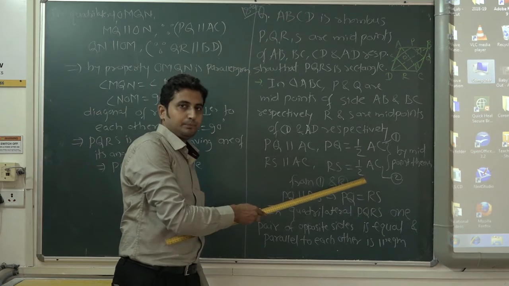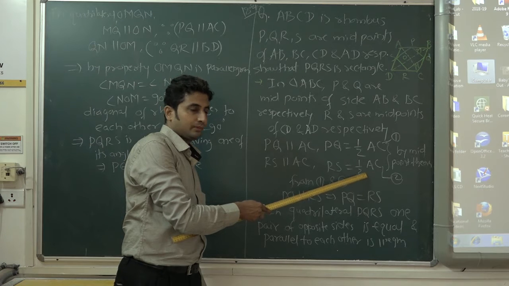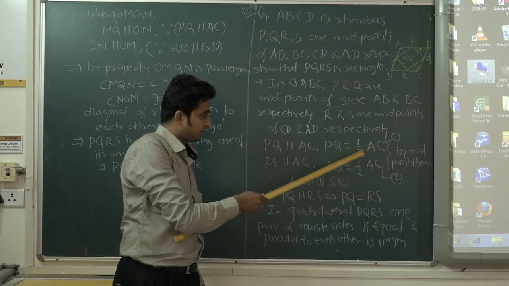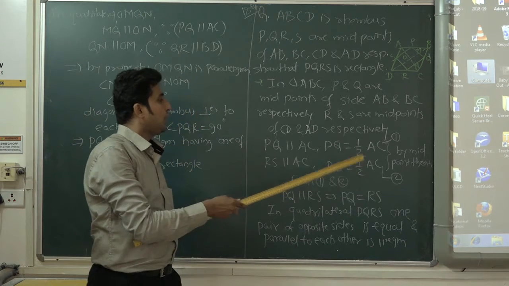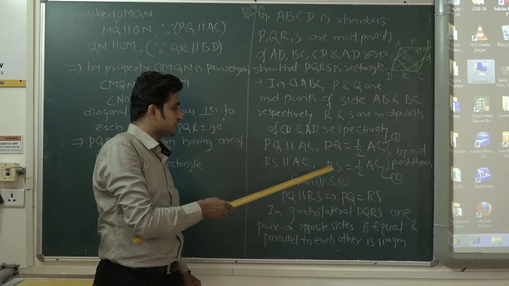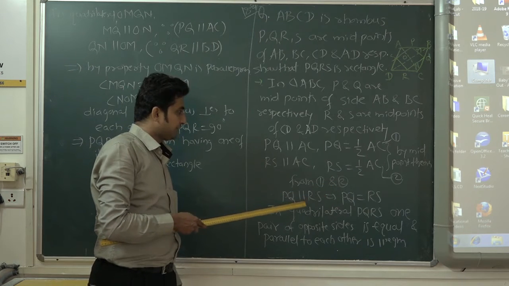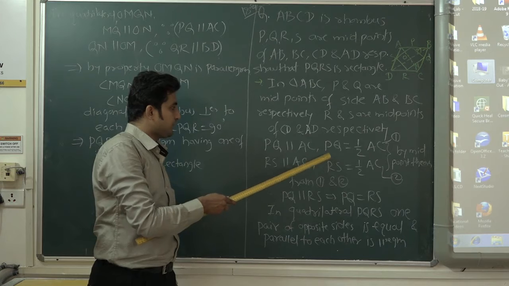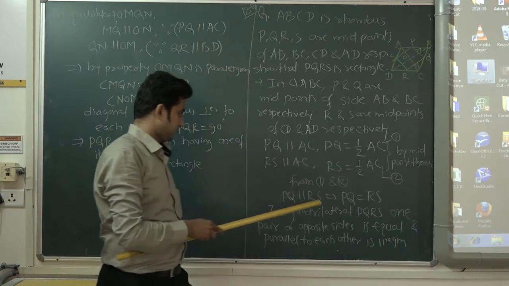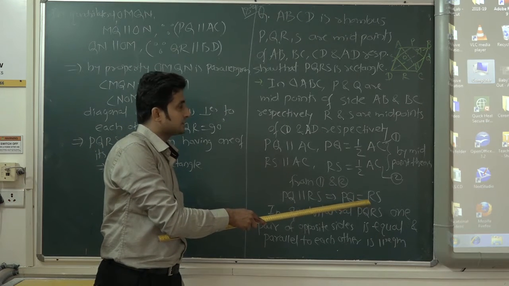From 1 and 2, if you compare 1 with 2, their right hand sides are equal. If right hand sides are equal, the left hand sides must be equal. So from 1 and 2 we conclude that PQ is parallel to RS, and hence PQ equals RS.